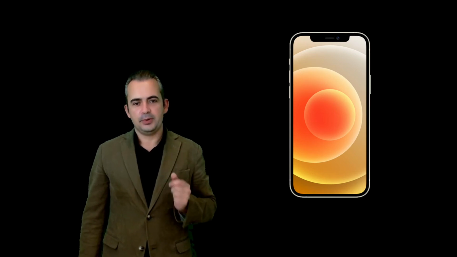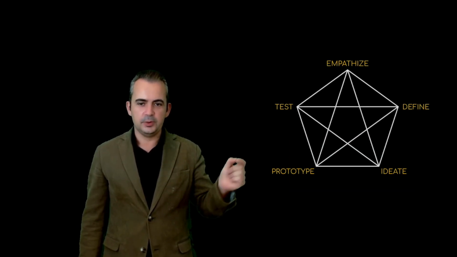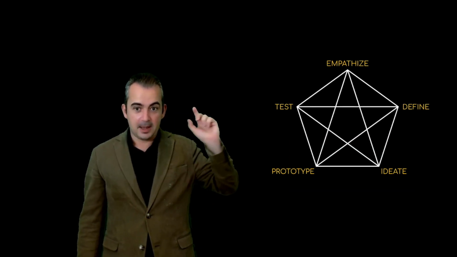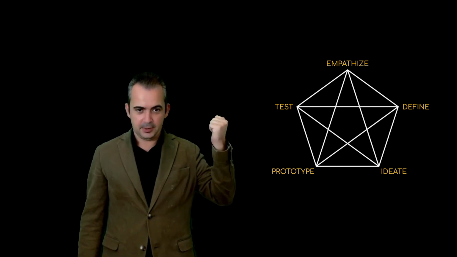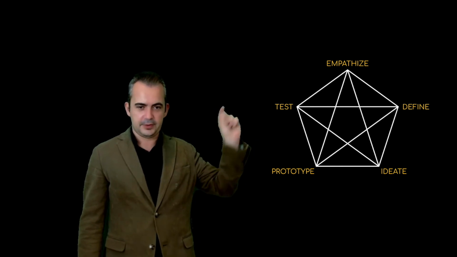And of course, as we know, at the time of having this conversation with you, we're at the iPhone 13, all because Apple's design process never really ends, with each aspect of the design process continually influencing each other in perpetuity, like the corners of this pentagon.